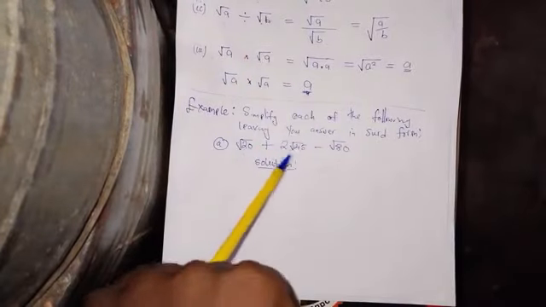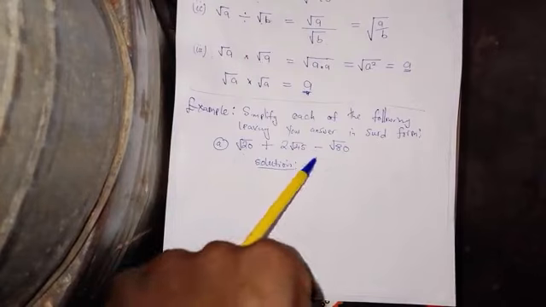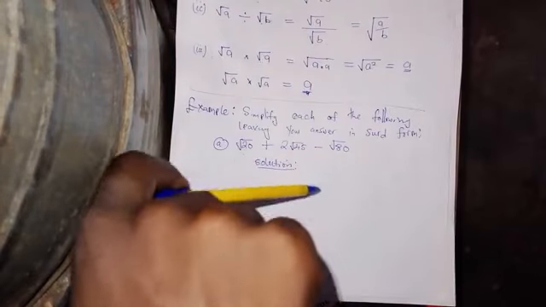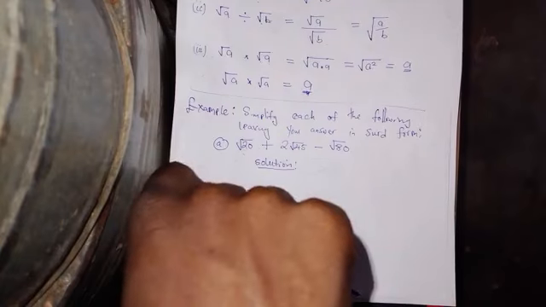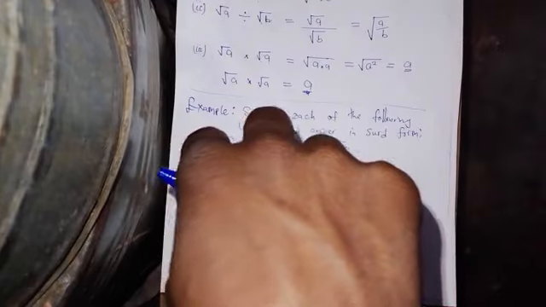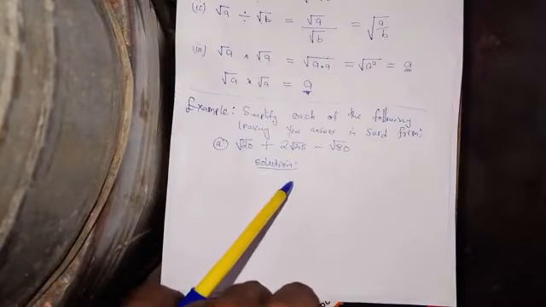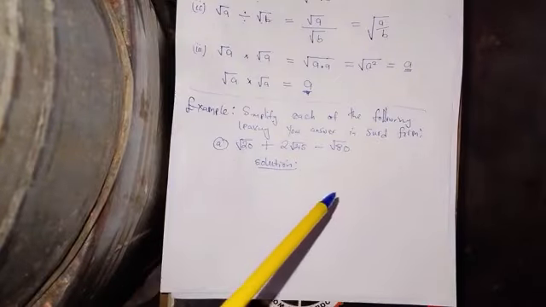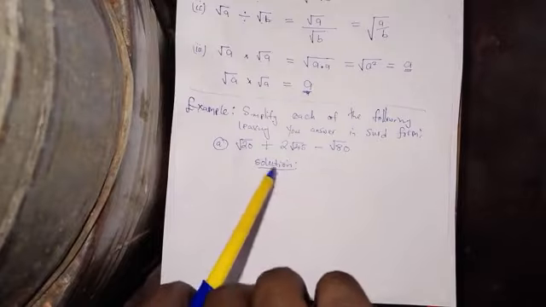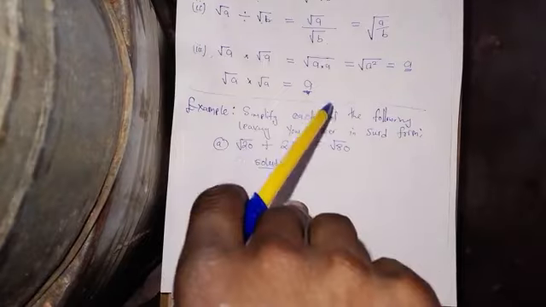We're going to break every surd into its simplest form, using some of the operations, to make a simple version out of it.